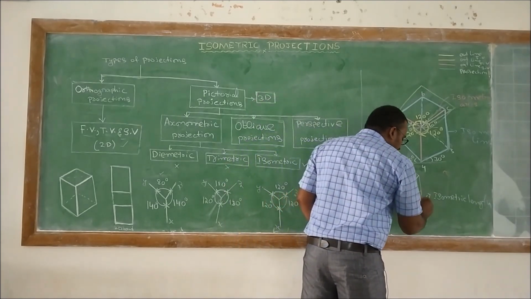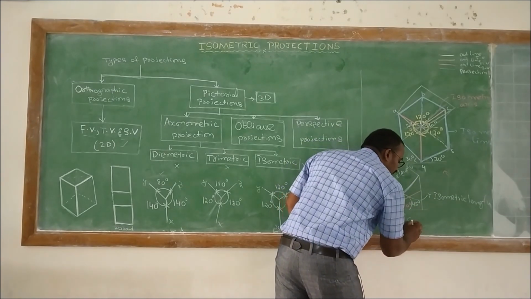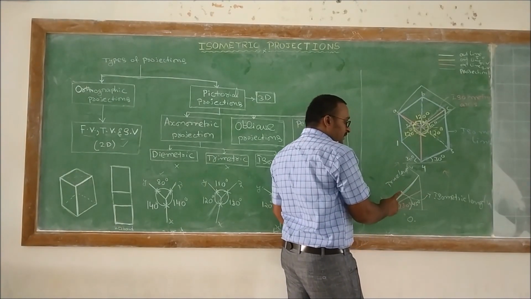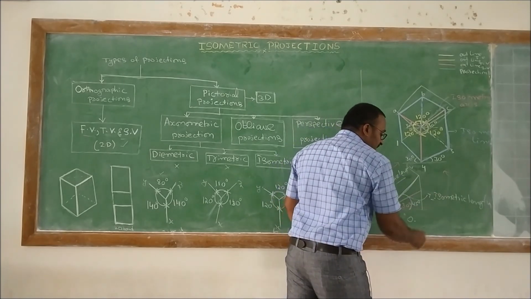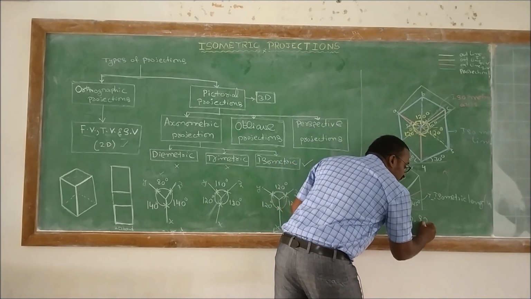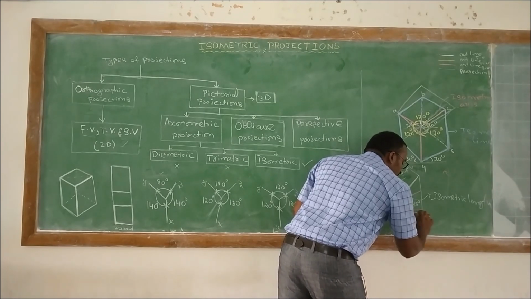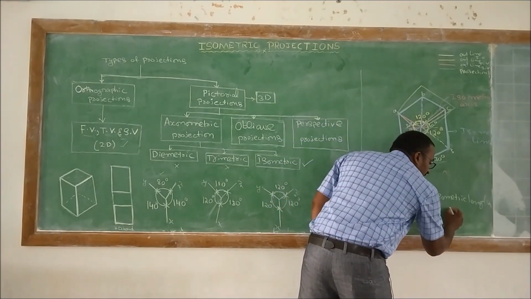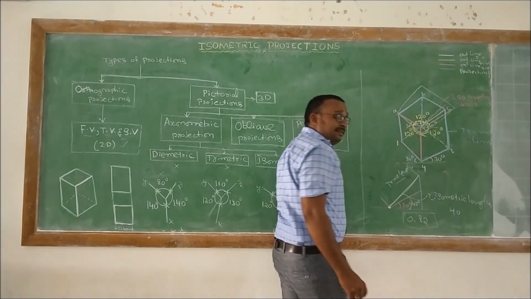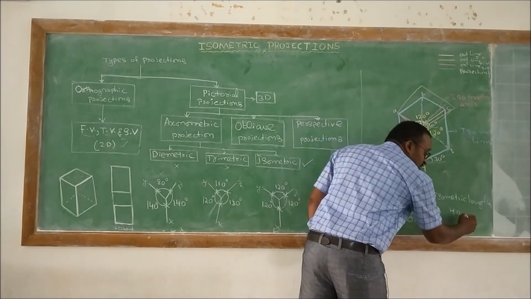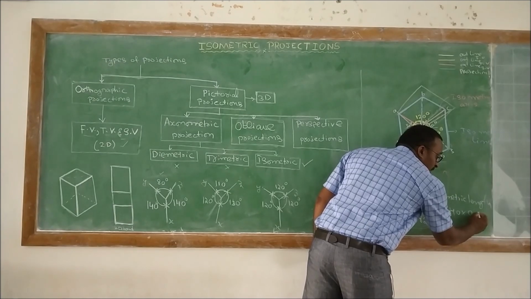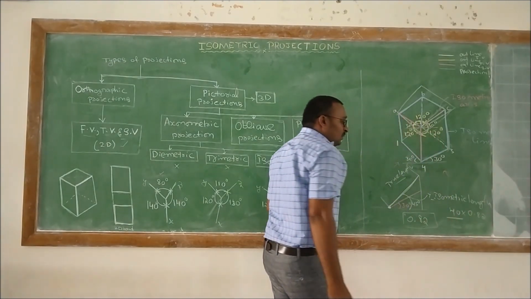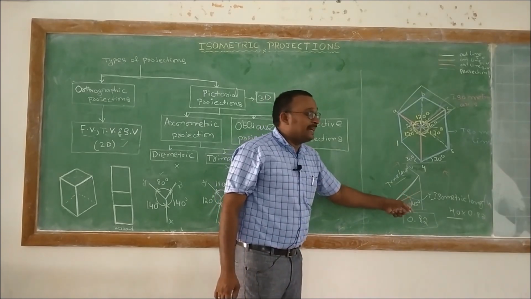The ratio of the isometric length to the true length will be approximately 0.82, that is 82 percent. Say for example, if you have a 40 mm true length line, then the isometric length should be 40 into 0.82. Based upon that, we will get the isometric length.